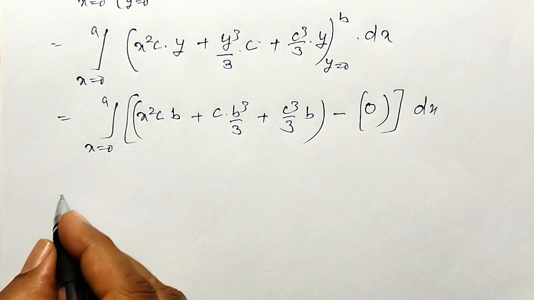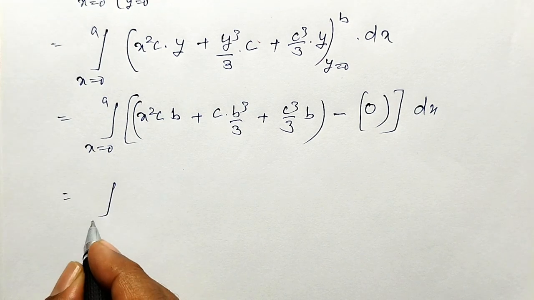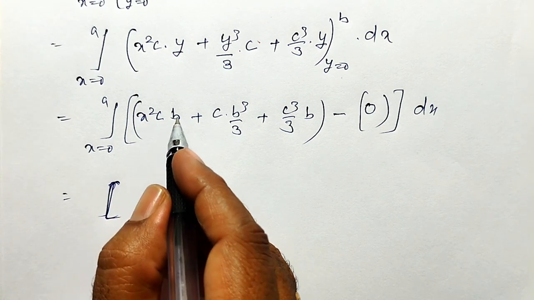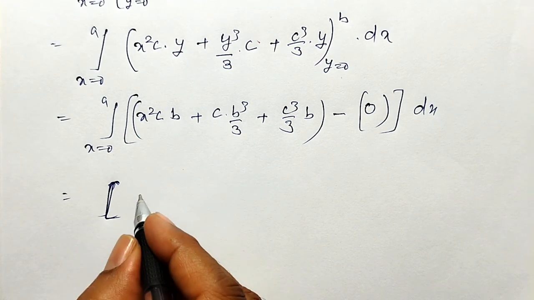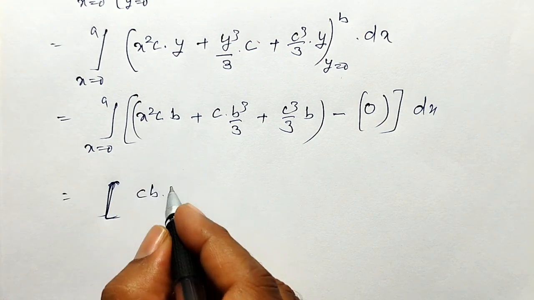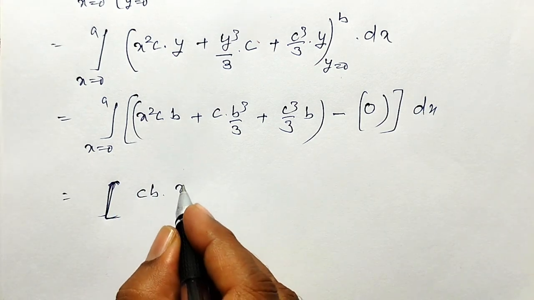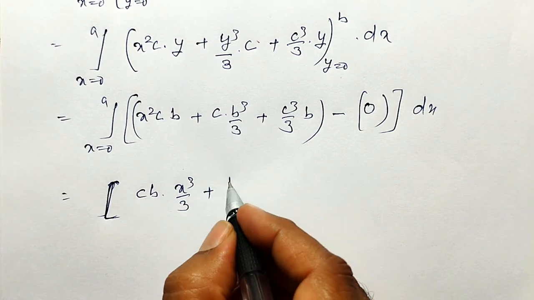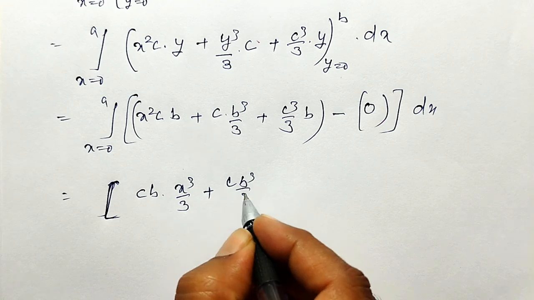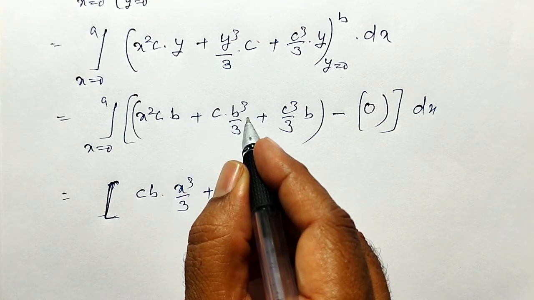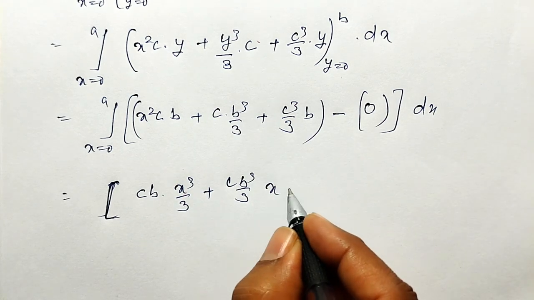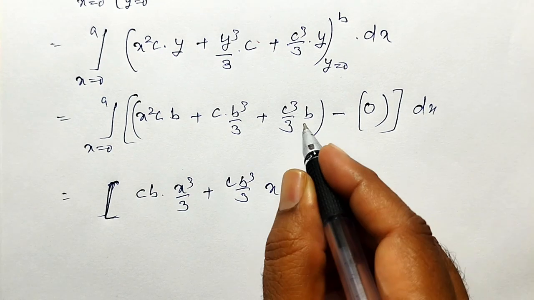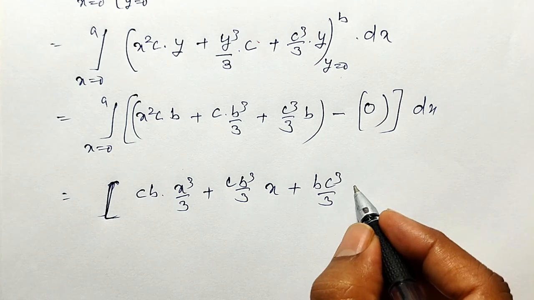Here x square cb is constant, and integration of x square with respect to x is x cube divided by 3, plus cb cube divided by 3 is constant, and integration of 1 with respect to x becomes x, plus bc cube divided by 3 is constant and integration of 1 is again x.